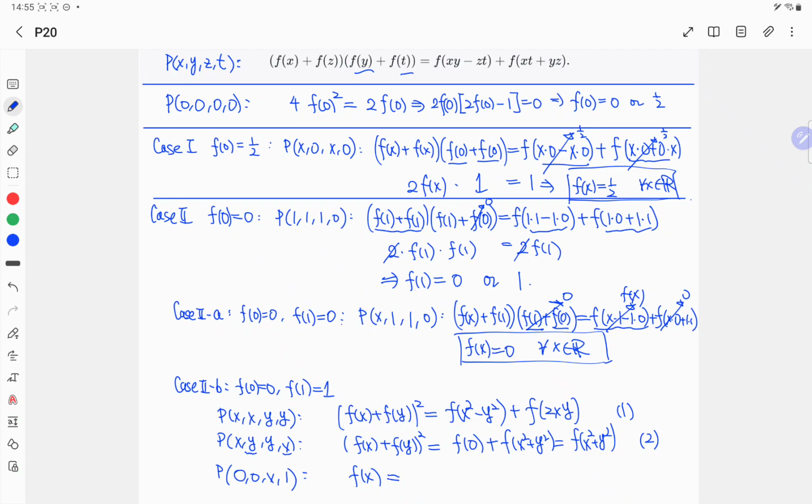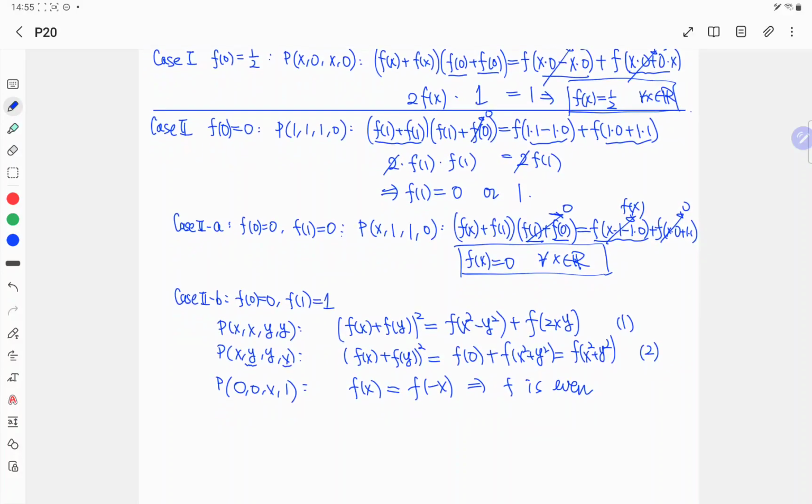And then on the right side, we have f(x times y), 0 times 0 is 0, minus x times 1. So this is actually f(negative x), and then plus x times t, 0 times 1, plus 0 times x, so which is f(0), which is 0. So we get f is an even function. F is even.